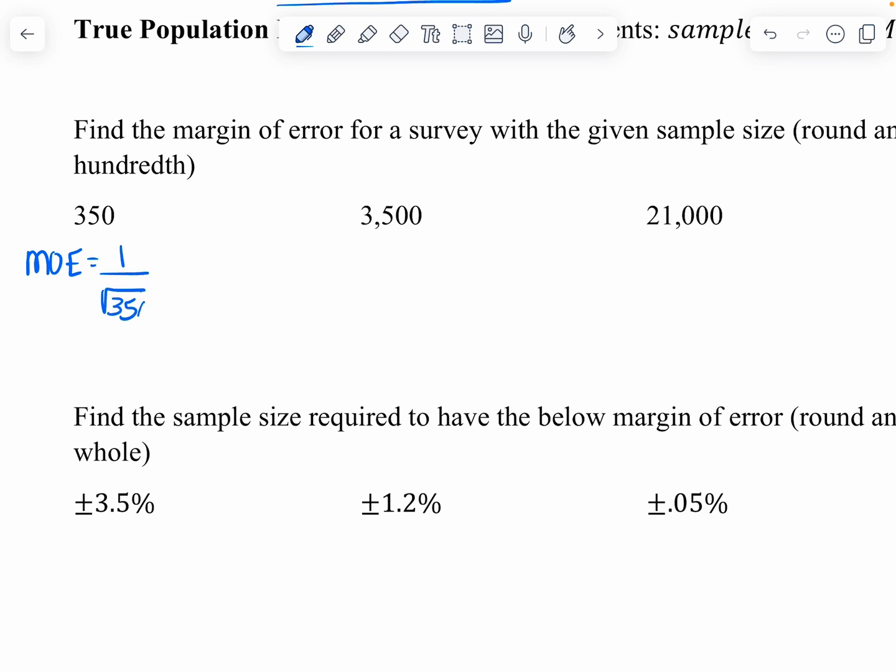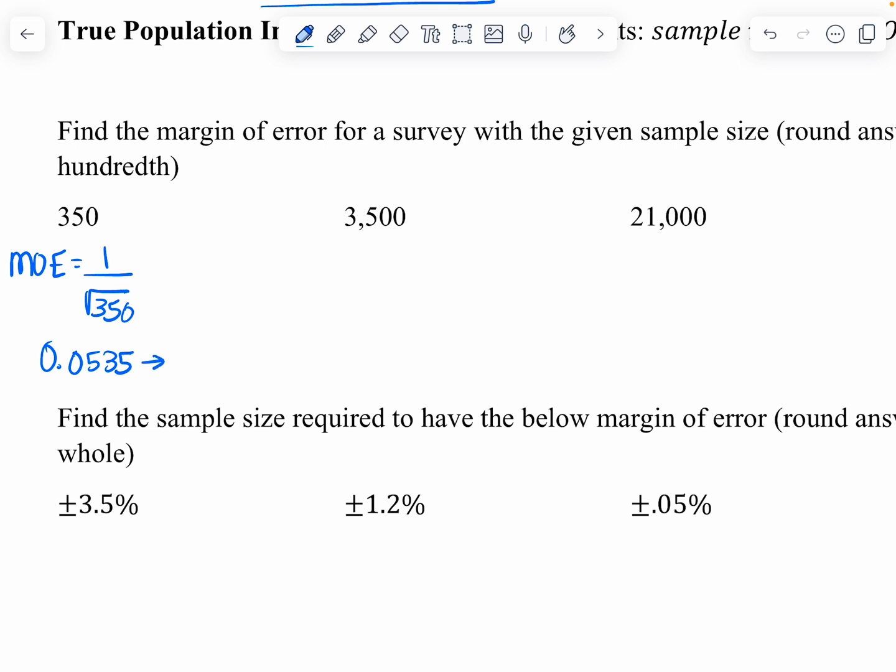I put that in my calculator, and I ended up getting a decimal of 0.0535. That decimal doesn't do us a lot of good. Margin of error is a percentage. So we're going to want to convert that to percentage, and we're going to say plus or minus 5.35%.